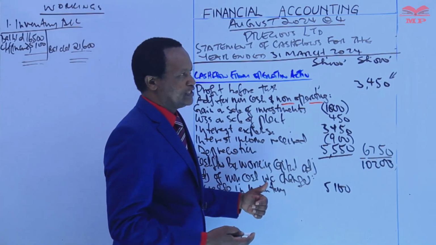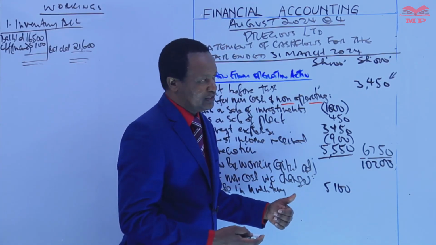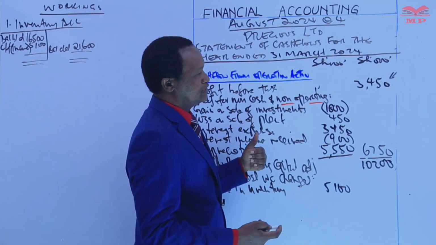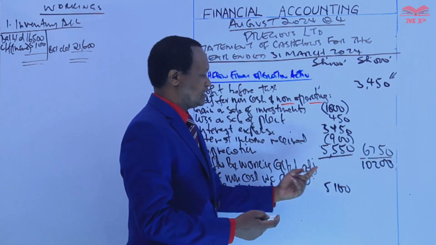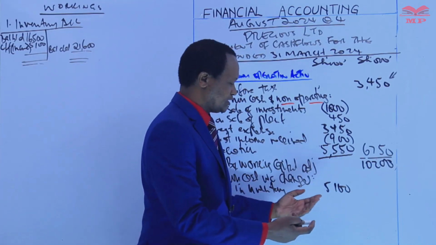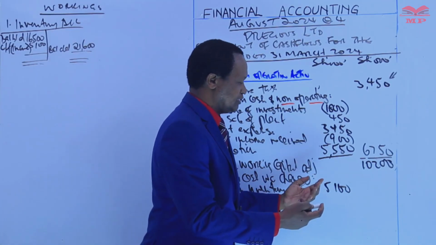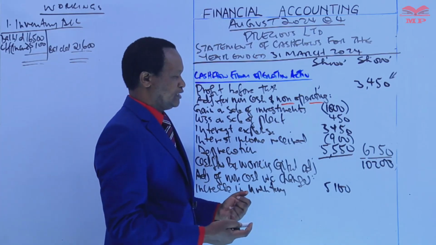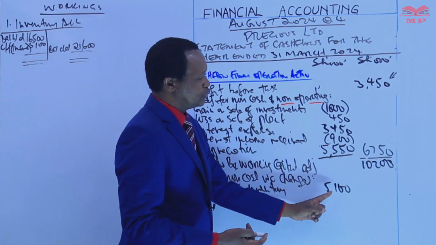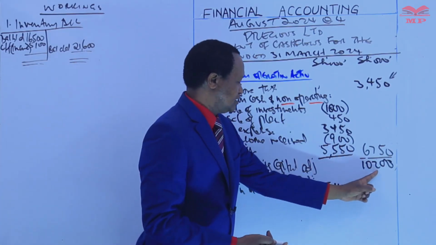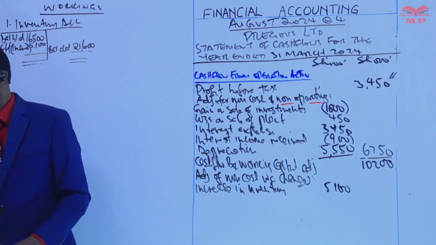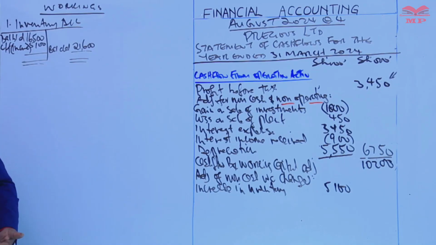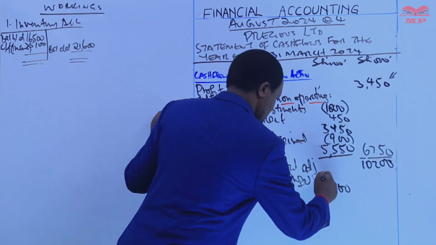Does that tell us that the company spent money on increasing the inventory, or that the company did not spend money? Are we adding to this amount, or are we going to deduct? Someone says outflow. Very good. Outflow, so you put it in bracket.